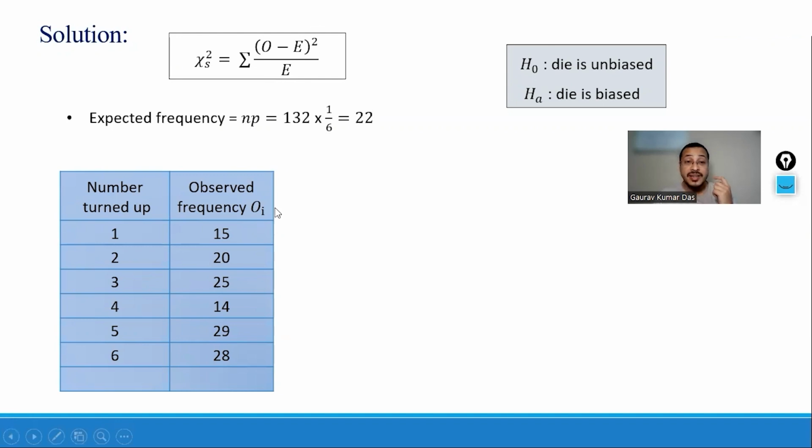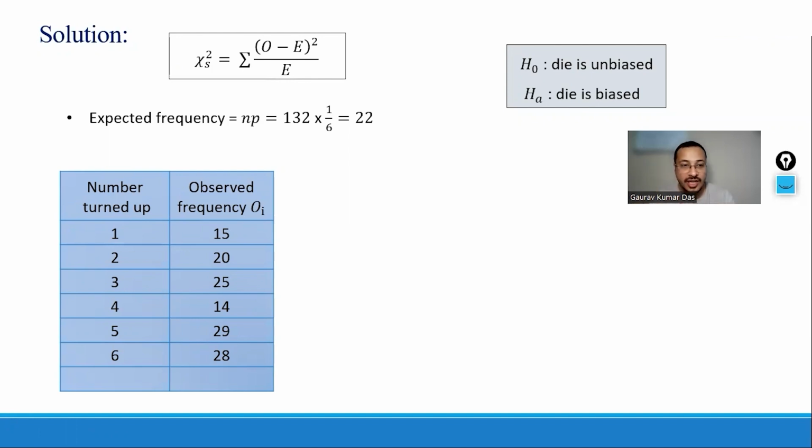Here the expected frequency luckily is an easy calculation. We know that my expected frequency will be the number of trials times the probability. For every data point, the expected frequency will be n into p, because the probability of 1 occurring in one trial is 1 by 6.